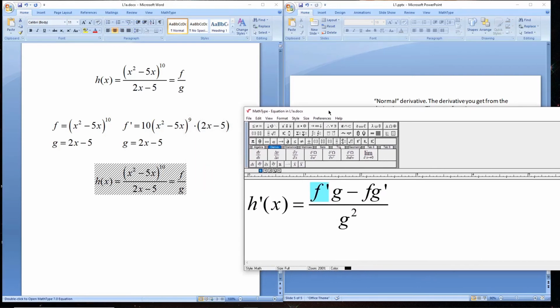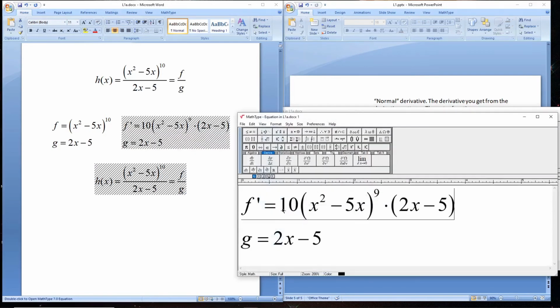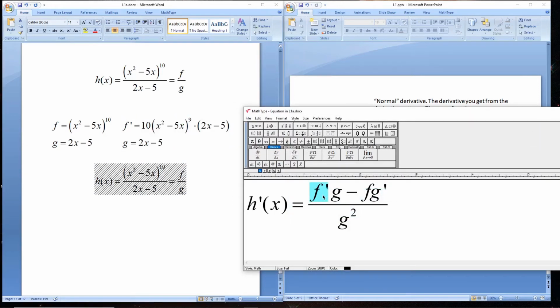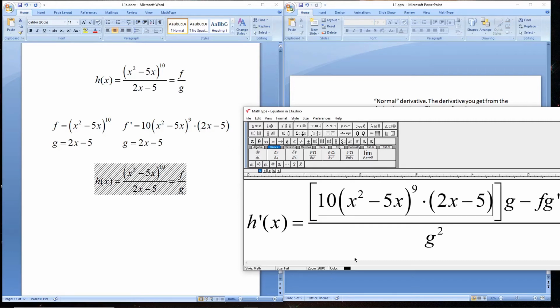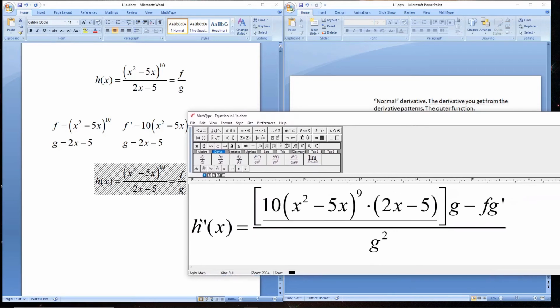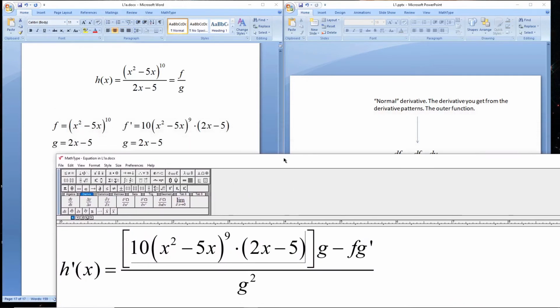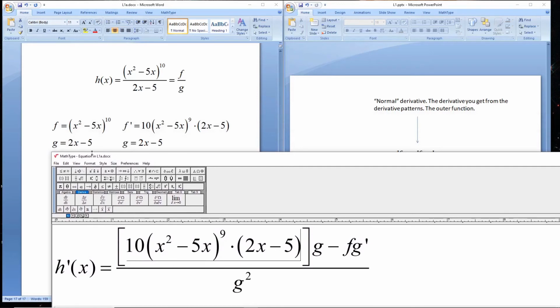Well, that's what we figured out. That's what the chain rule is right there. So it's a pretty big mess. I'm just going to copy all that. So f prime is that entire mess right there. There it is. And then what is g? Well, g is 2x minus 5.